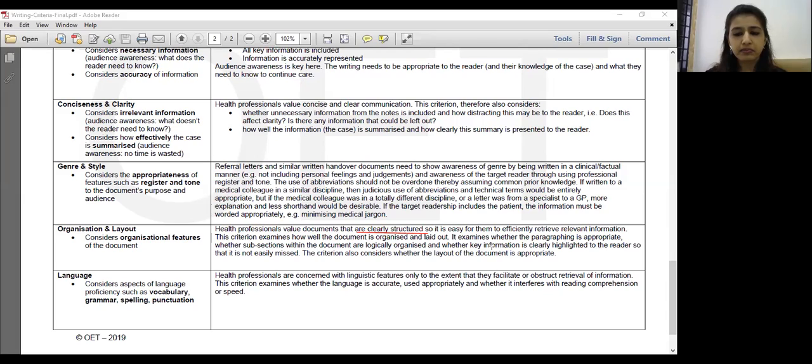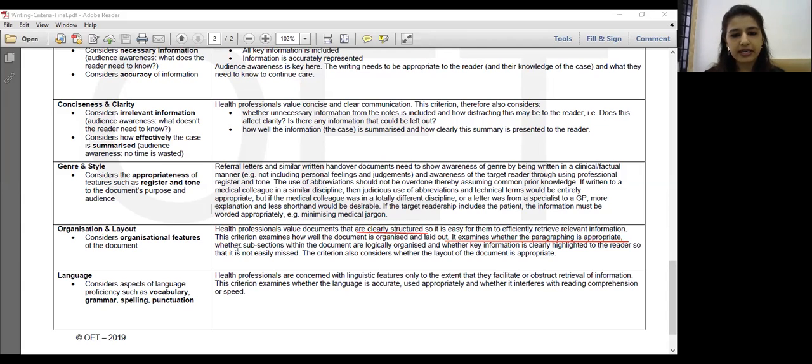Then, one point of it is whether paragraphing is appropriate. And you can decide which style of paragraphing you are going with. Like as we just discussed, if you are going chronology wise, that means one particular paragraph would describe one timeline. If you are going main issue wise, then one paragraph will highlight main issues and another paragraph would talk about associated issues.